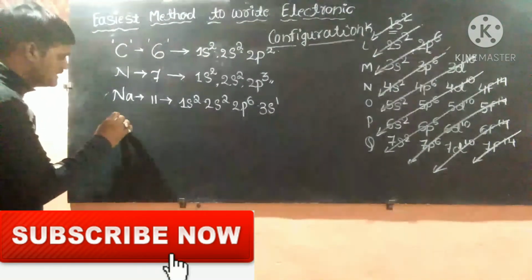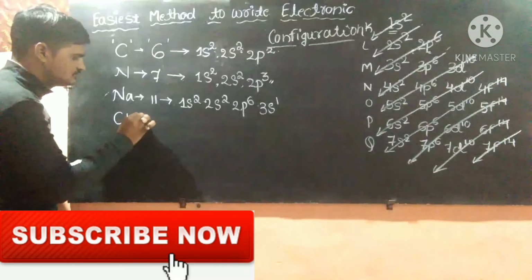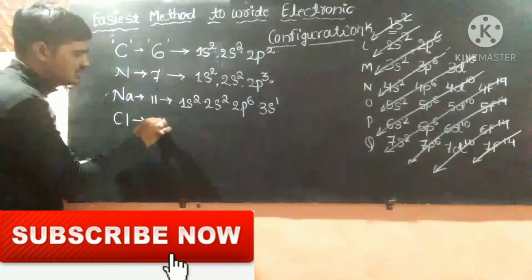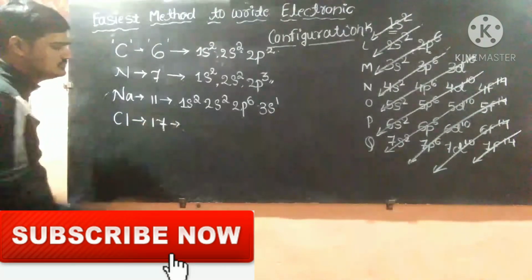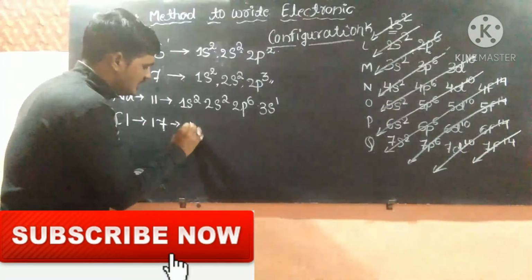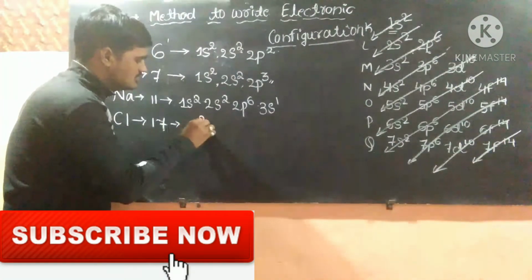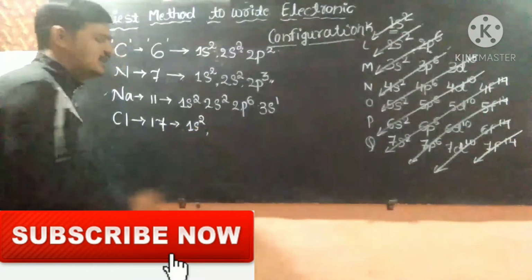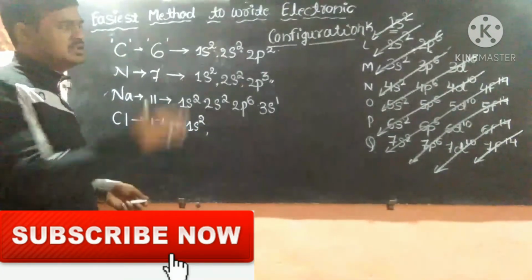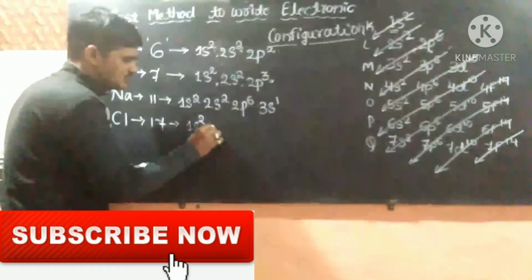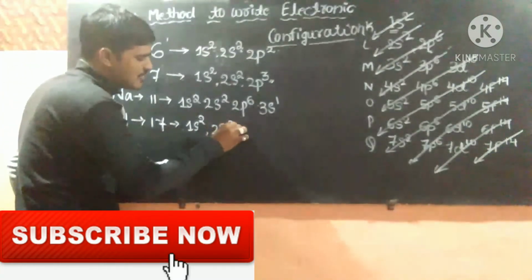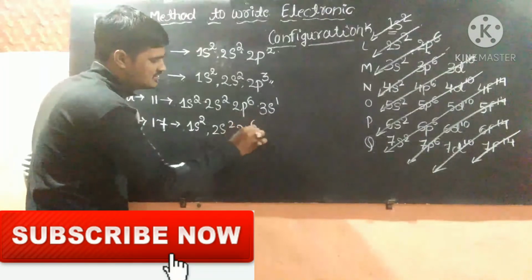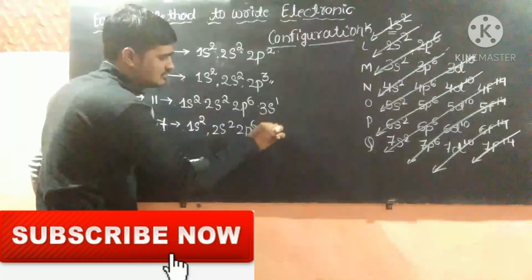Let me take another example, chlorine. It has atomic number 17. Let me write 1s2. We have to take a total of 17 electrons, and we write the electronic configuration by following the chart. 2s2, 2p6, 3s2.